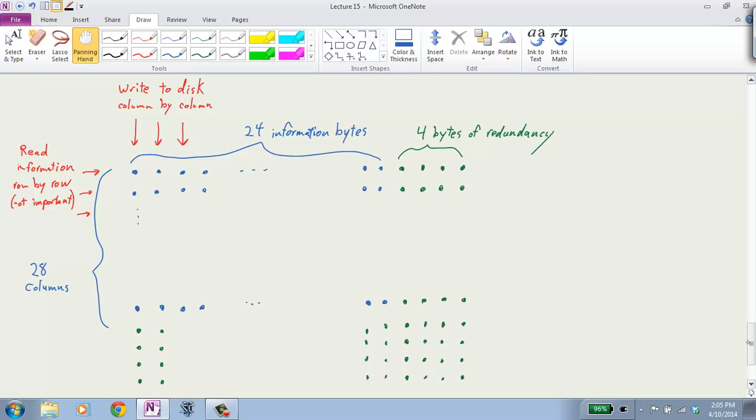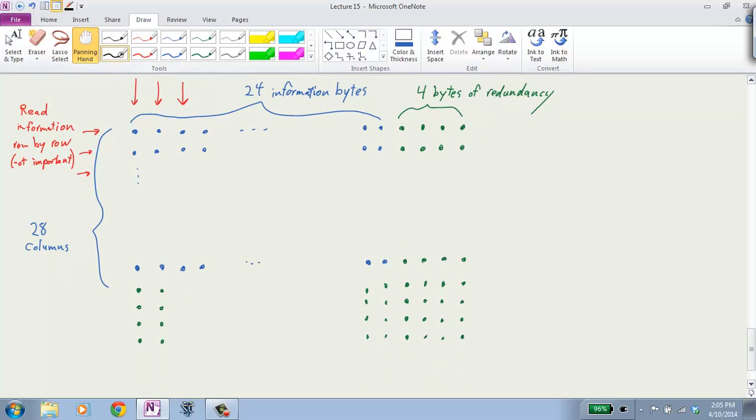Okay. Now what's cool about this? First of all, we can calculate the rate. So what's the overall rate of this encoding? Well, in the first round, we had 24 information bytes to 28 total that were written. All right.